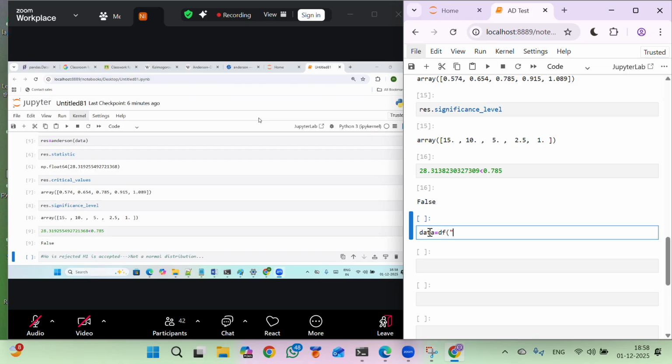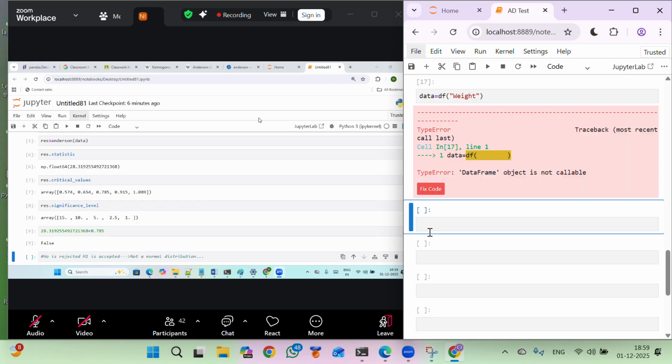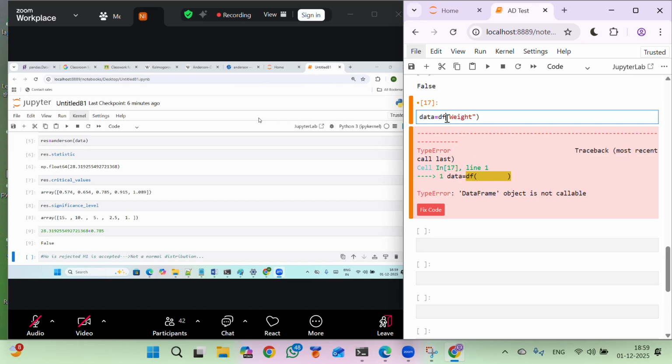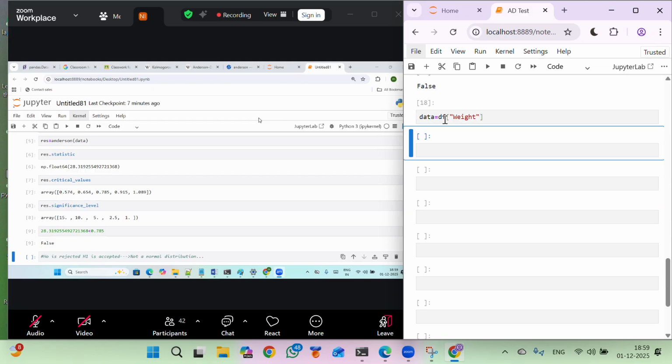Listen, one thing guys, why are we doing this standardization? We have to normalize the data and then apply this. Once you normalize the data, it is scaling down and it looks like a Gaussian.